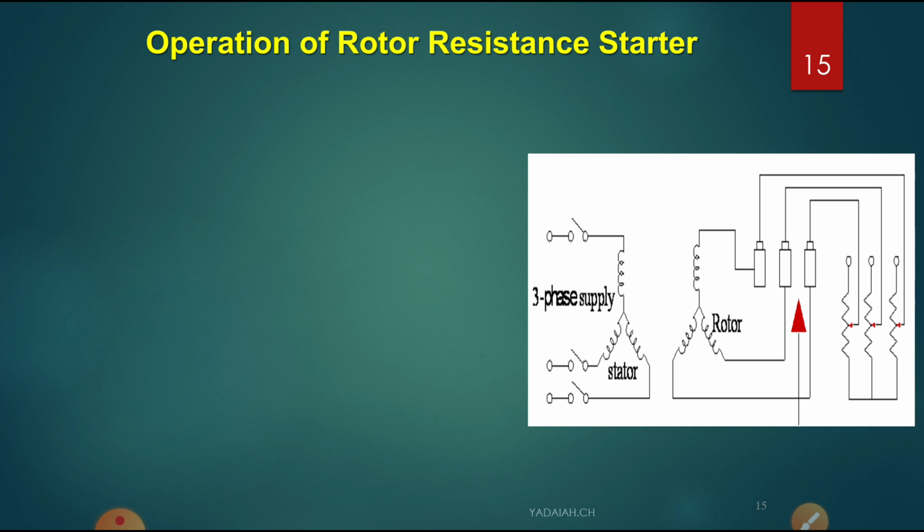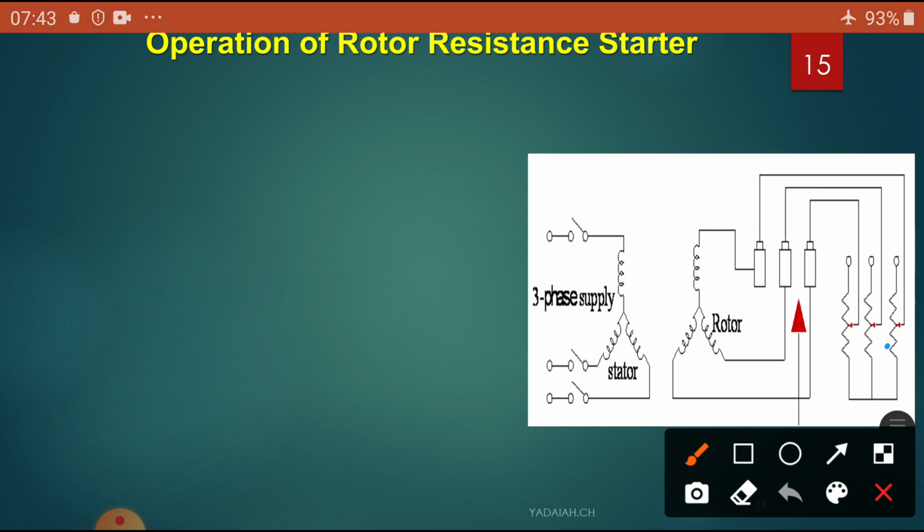Where is the external resistance? This resistance. The external resistance is inserted in each phase of the rotor circuit through slip rings and brushes. You can see the brushes here. Everything is connected in series.